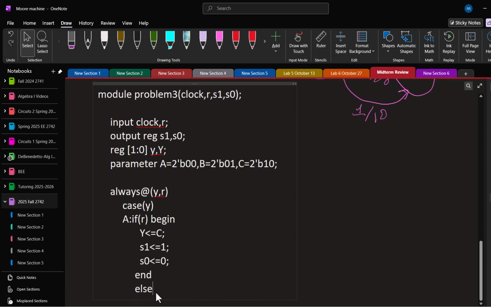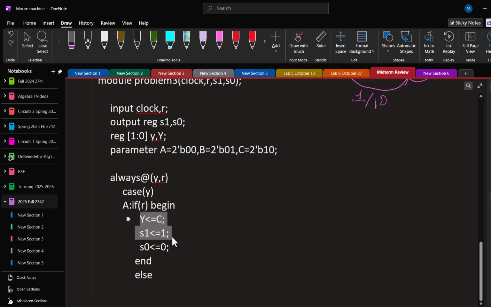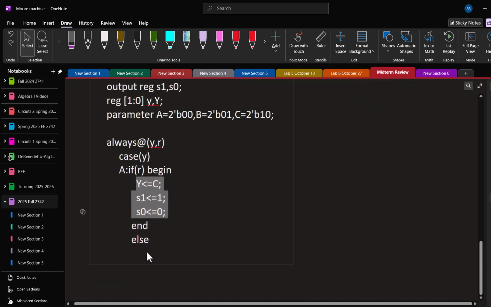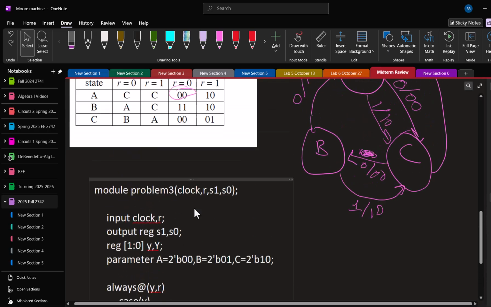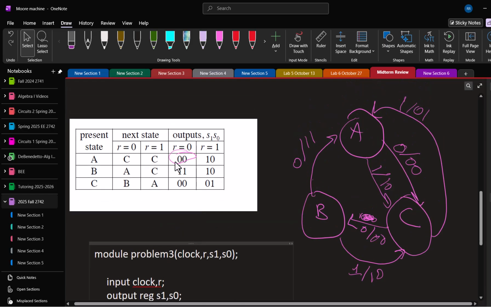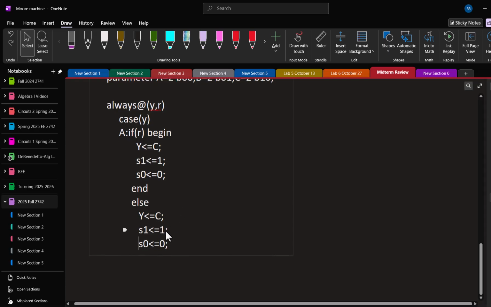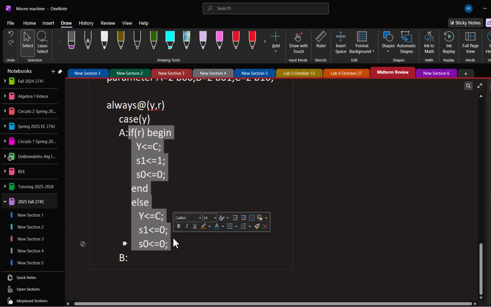Else, now I'm going to copy and paste. I do a lot of that in finite state machines. Y equals C, S1. So now, if R equals 0, S1 and S0 are both 0. B, and I do a lot of copy and pasting with finite state machines.